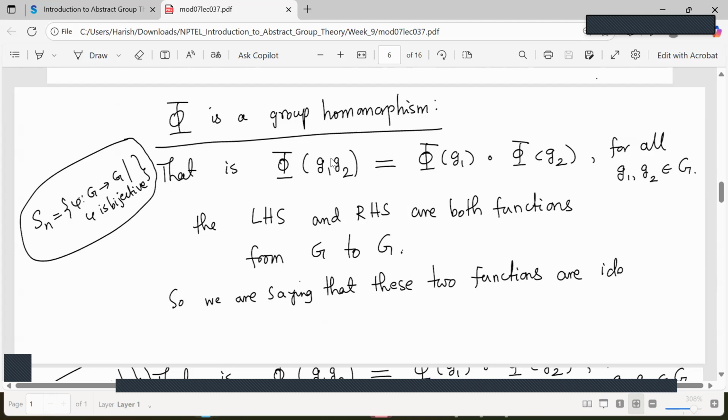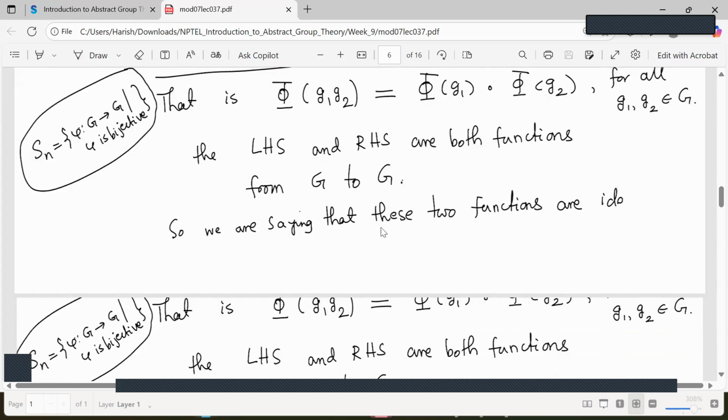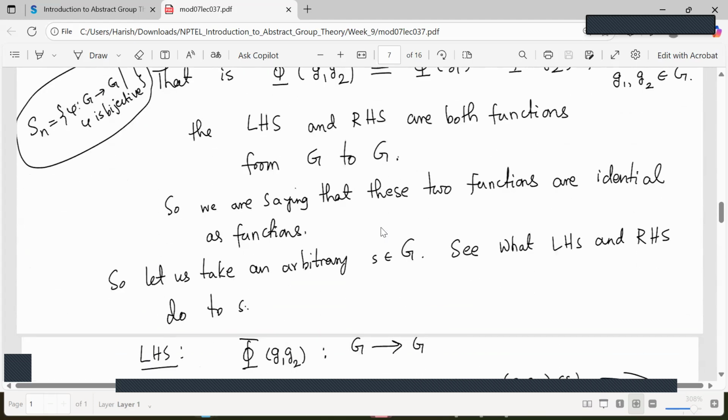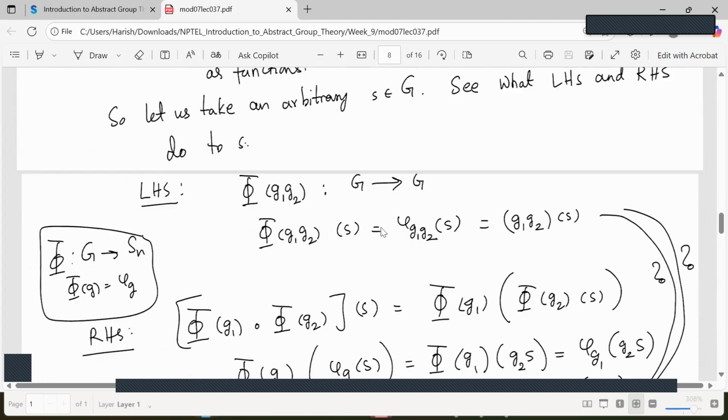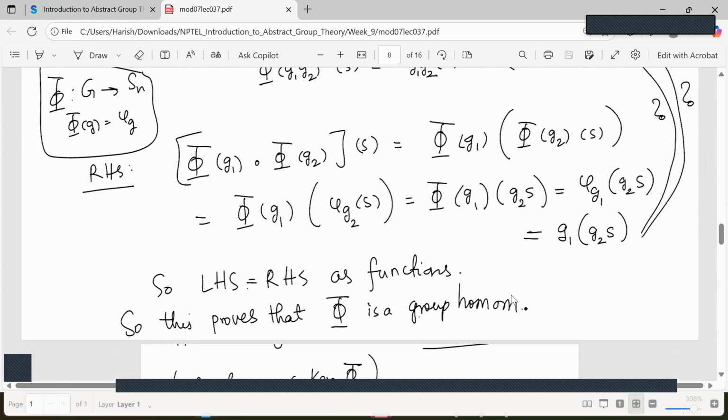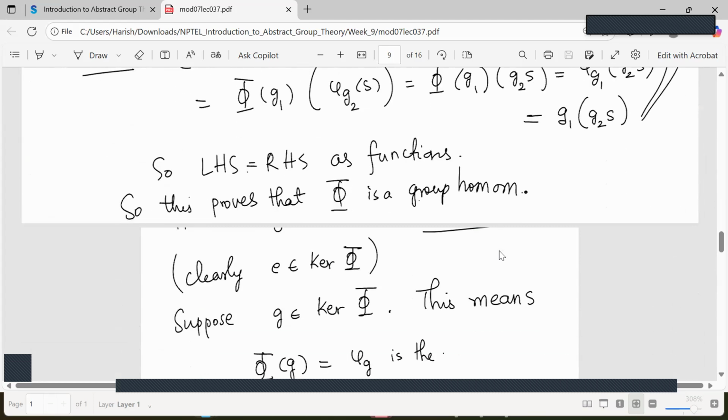That is what this function is doing. This will directly map small s to g1 g2 s. This is a homomorphism as well. I think that's it. That's what they are showing here, that phi of g1 g2 applied to s is the same as phi g1 and phi g2 of s. Phi is a group homomorphism, as we have already seen.